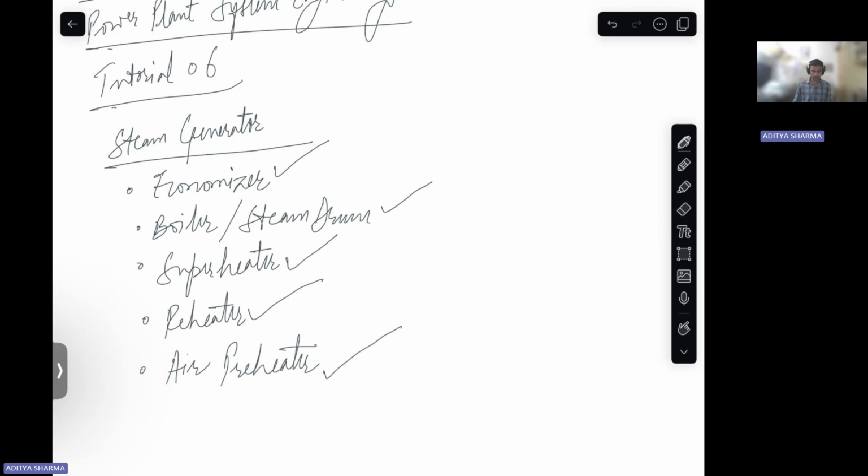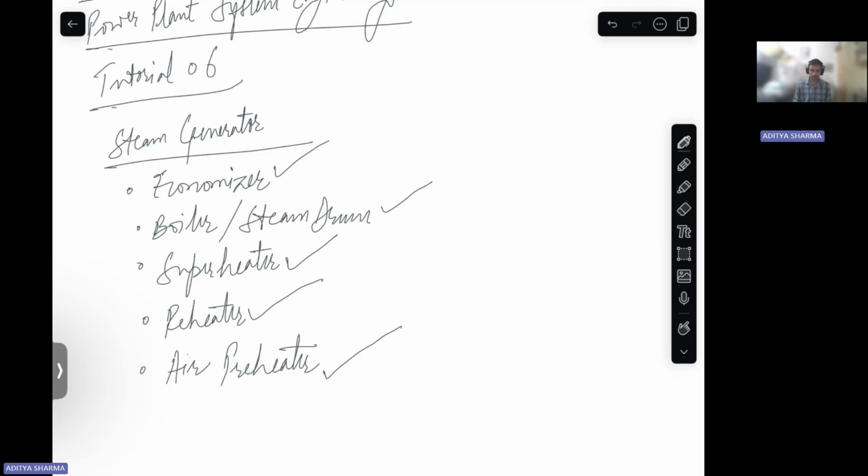Then there is one more component, that is air preheater. So what happens is that in your furnace, right, you have your fuel and you have air. So this air that is needed for combustion, we preheat it again with the flue gases, right? So the flue gases that would have been exhausted, we are using those flue gases that are at low temperatures to heat this air.